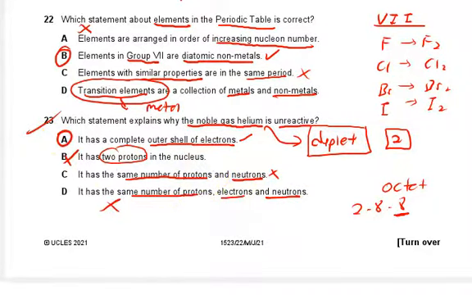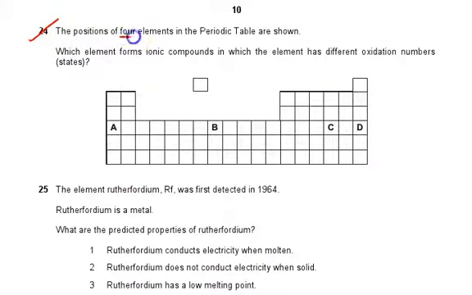Okay, for number 24, the positions of 4 elements in the periodic table are shown. Which element forms an ionic compound in which the elements have different oxidation numbers?